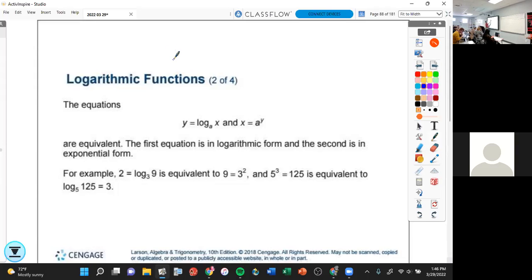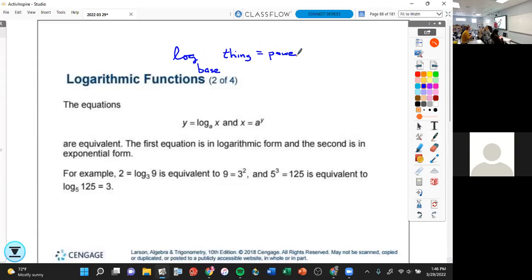Sometimes I'll write this. Log, here's my base. This is very, very high-tech technology or vocabulary, so hang on here. This is a thing. And this is a power. Okay. I'm taking the log of something. The base is my base. The answer is the power. So that would mean that the base raised to some power equals what?